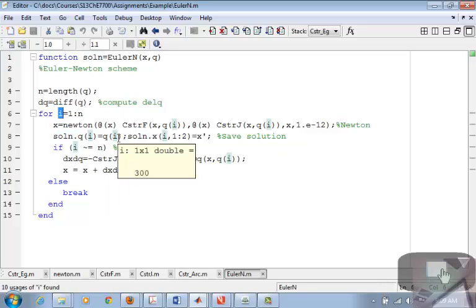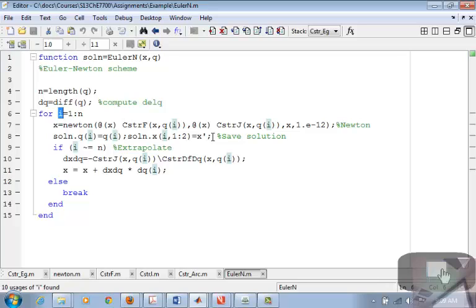Then SOLN.X for the same parameter I, the index for the parameters. And there are two entries there. So 1 to 2 is X transpose. I just want to store it in a particular order. Okay. And so when I'm passing back, all I need to do is pass SOLN. The entire structure will be transferred back, including Q, including X. That's the beauty of this. You can, in your own mind, organize the thing in a better way.